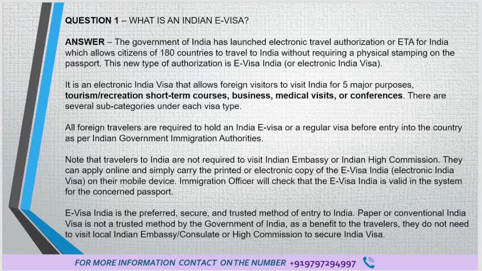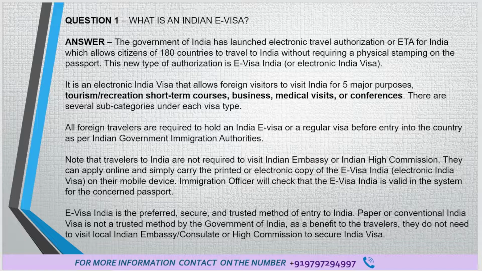So let us understand what is an Indian e-visa. As we all know that for traveling abroad we require a visa to travel to a country. So earlier it used to happen that you have to visit an embassy or a consulate to get a visa.